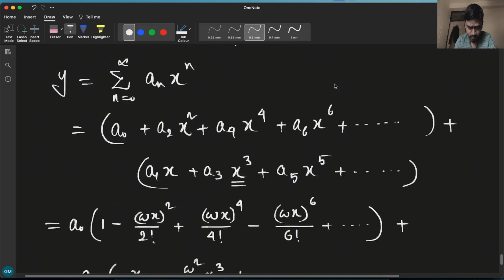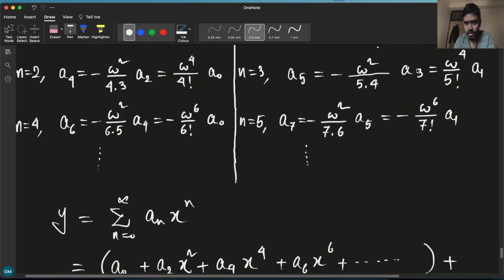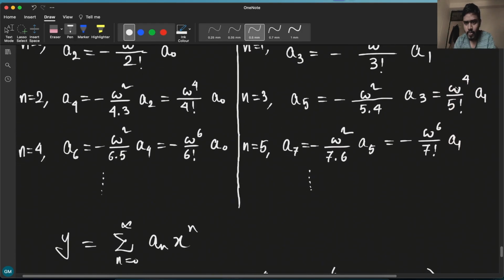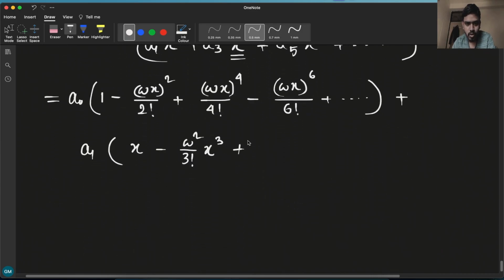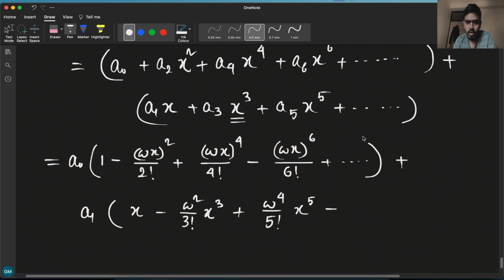And what is a5? a5 is omega to the power 4 by 5 factorial times a1. So it is omega to the power 4 divided by 5 factorial times x to the power 5, I have put a1 outside. Then minus a7 x to the power 7.